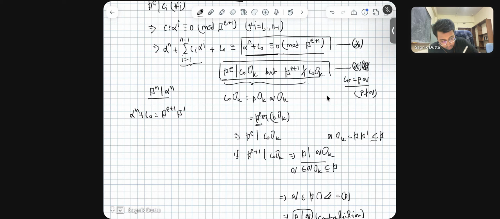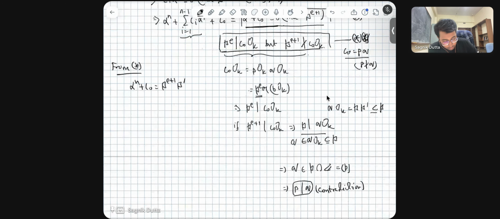You can write this from star. Now C naught is exactly divisible by P to the E, so you can factor out P to the E from both sides.